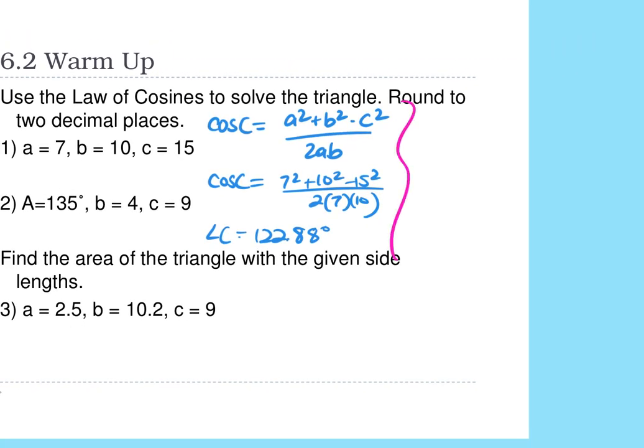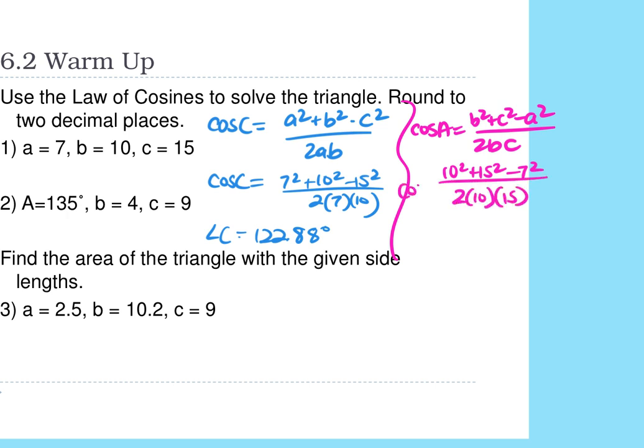Then I can do A. I can do either one, but cosine A, for example, B squared plus C squared minus A squared over 2BC. So 10 squared plus 15 squared minus 7 squared over 2 times 10 times 15. And I cosine negative 1 that.